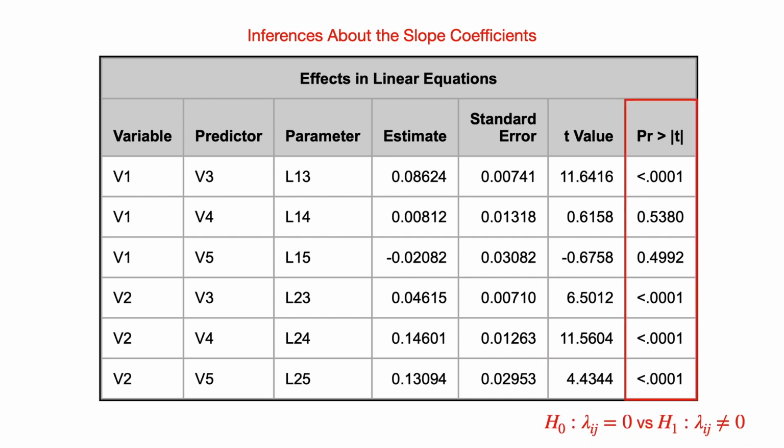And then finally, in the last column, we have a column of p-values, and these p-values correspond to the test where the null hypothesis is that the slope coefficient is equal to 0 versus the alternative hypothesis that the slope coefficient is non-zero.